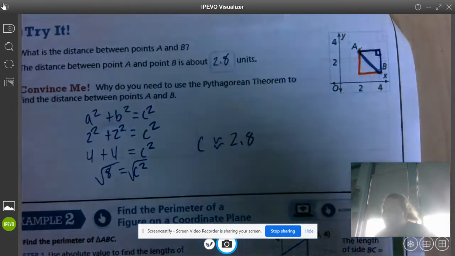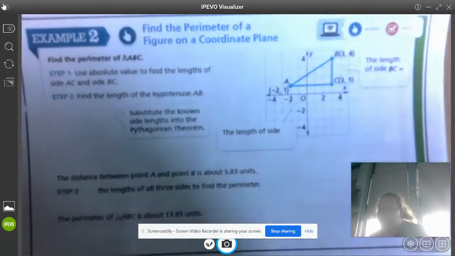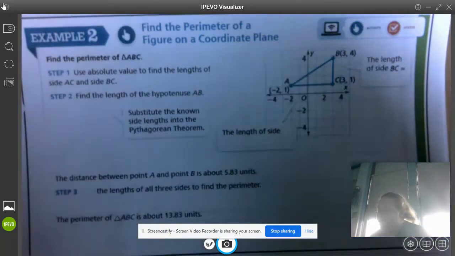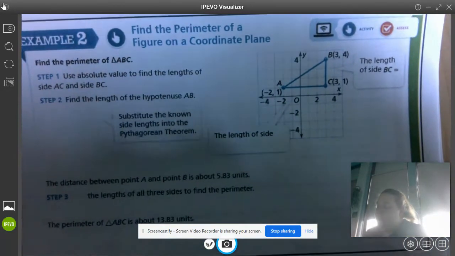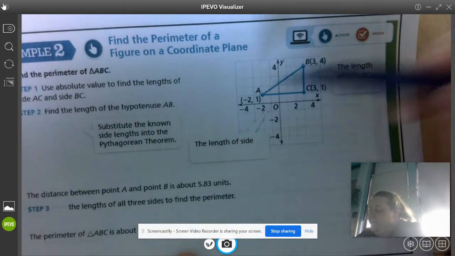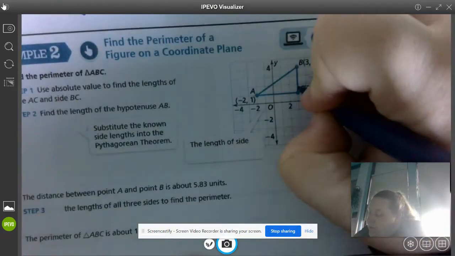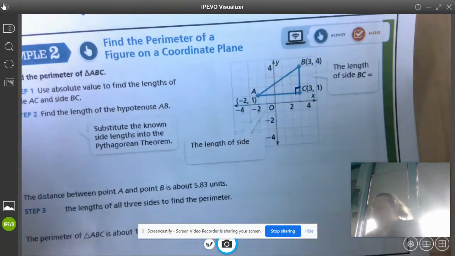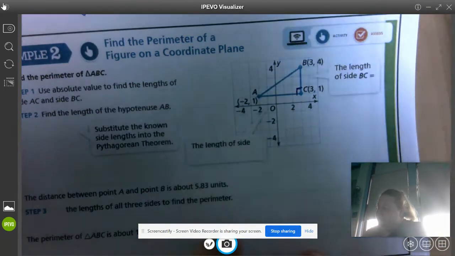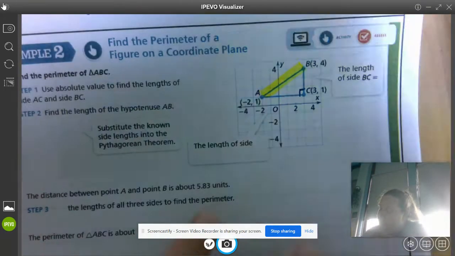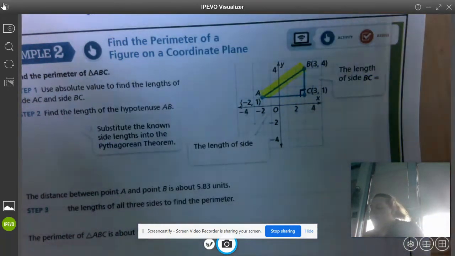Last example we're going to look at is find the perimeter of a figure on the coordinate plane. We have this triangle already drawn in for us. I notice here is my right angle, and the diagonal, which we don't know, is our hypotenuse.